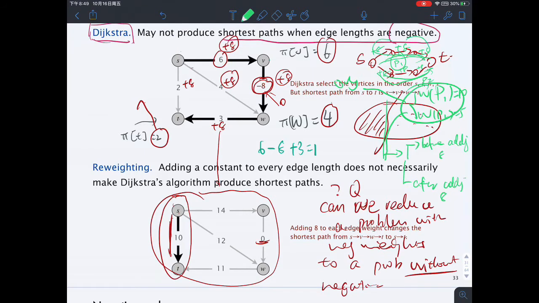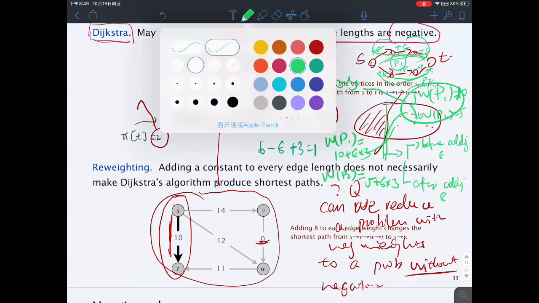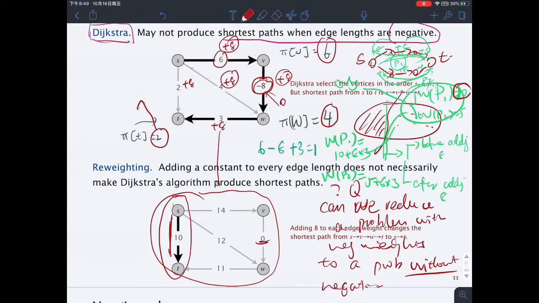This is originally what's going to happen. And after we add this 8, we get the new weight of P1 to be 10 plus 8 times 3, and the new weight of P2 is going to be 5 plus 8 times 3, right? So this is how the numbers come about.